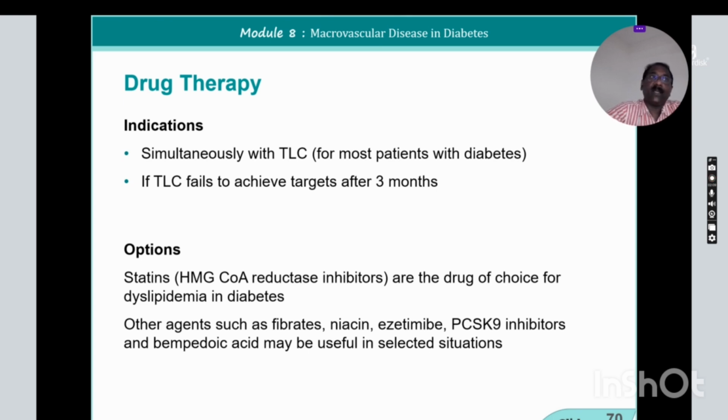Niacin therapy will cause abdominal pain, abdominal cramps, nausea, vomiting, and it is not palatable. So that is the reason niacin therapy was not popular, even though it was the first lipid lowering agent available in the market. But statins, ezetimibe, PCSK9 inhibitors, and bempedoic acid are now very popular.